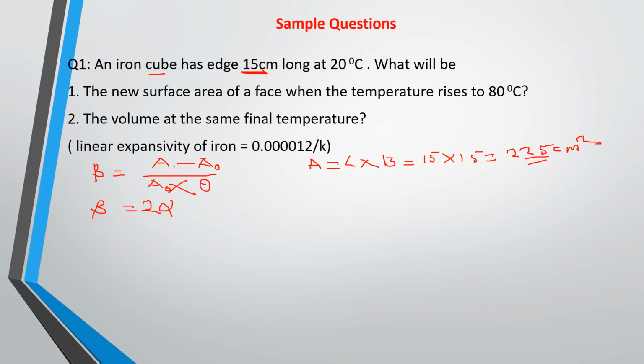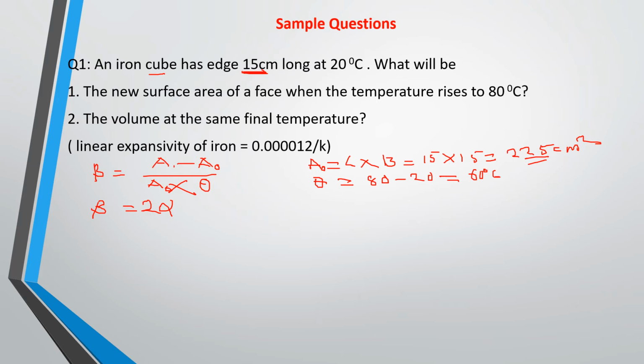All right, so this is the initial area, A0, because the question says find the new surface area. Now the change in temperature is equal to 80 minus 20, which gives us 60 degrees centigrade. I hope that one is clear.